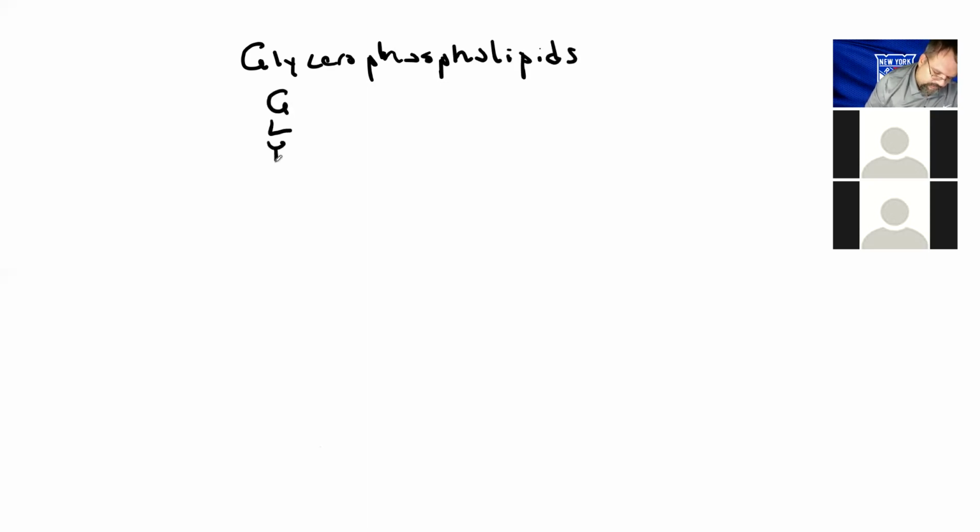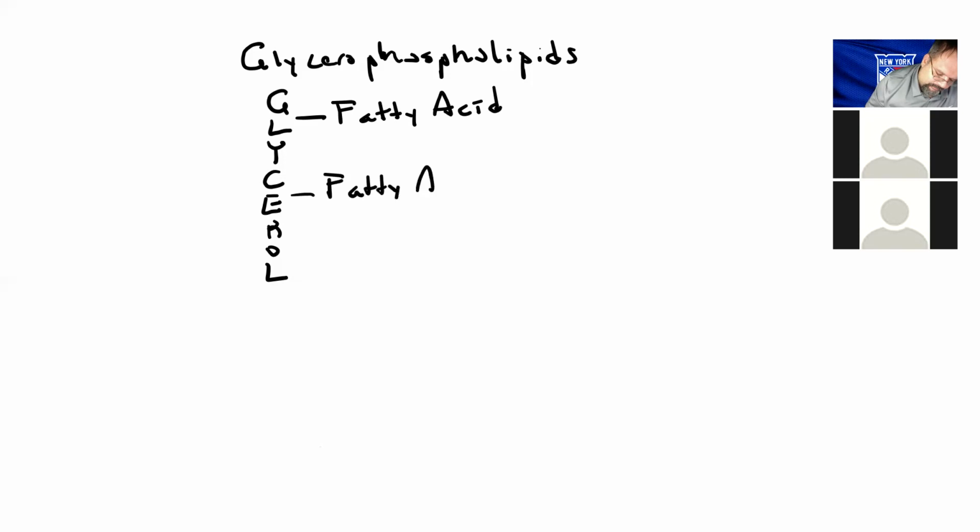All right. Want to talk a little bit about what are known as glycerophospholipids. So for glycerophospholipids, essentially, you still have glycerol as the backbone of the structure. And at 2 points to the glycerol, you're going to have ester linkages to a fatty acid.